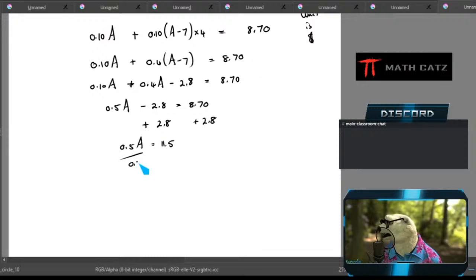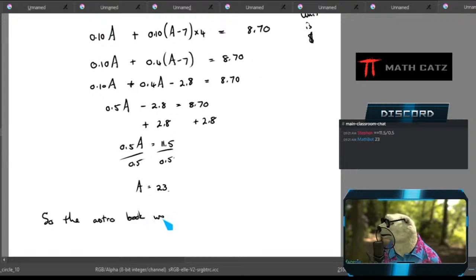And then I divide both sides by 0.5 to get a equal to, oh, let's show that. Maybe that's not as obvious as the others were. 11.5 divided by 0.5, though if you think about it a little bit, 23 is not the hardest thing to come up with. So this gives me, I know I'm over time, I just want to finish this, the number of days the astronomy book was overdue.